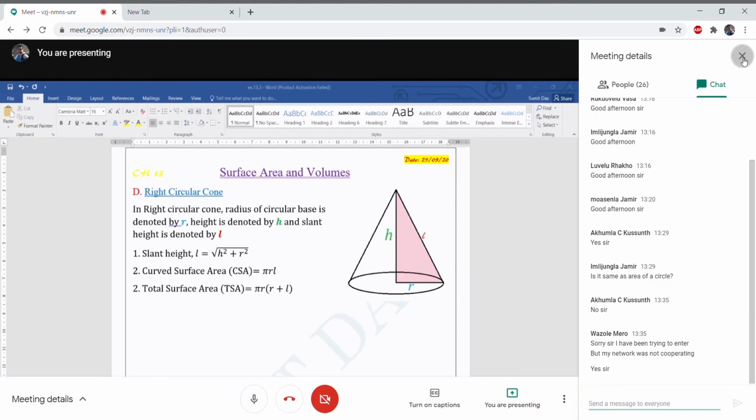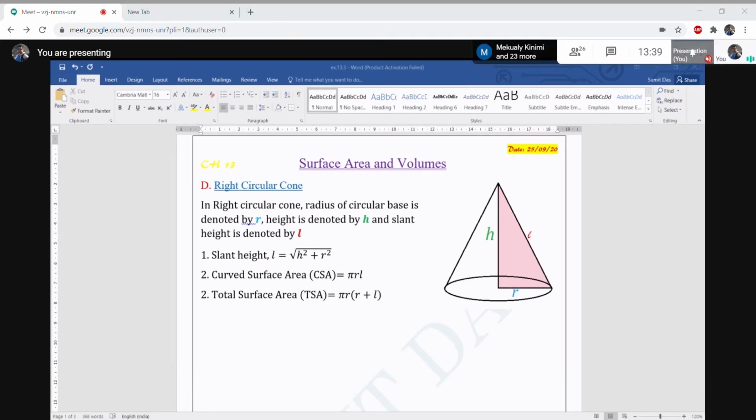Before moving on, we can move to the exercise questions, that is better. If you have the book, please open page number 37.